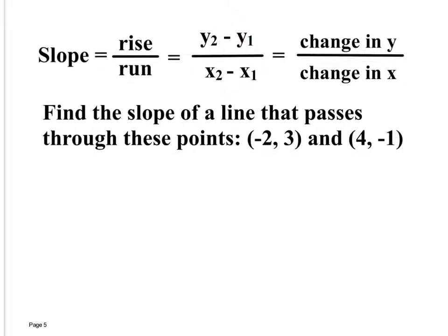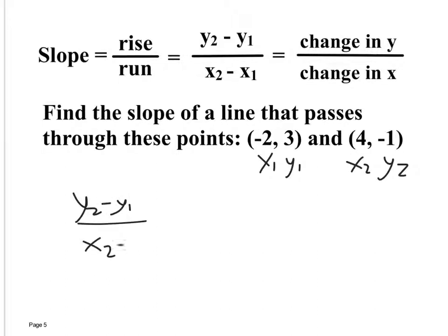So what I'm going to do is I'm going to say this is x1, so that would make 3 y1, because that's the first point. Which would make 4 your x2, and that would make -1 your y2. And then you just plug them in the formula of y2 minus y1 over x2 minus x1. y2 is -1, right?